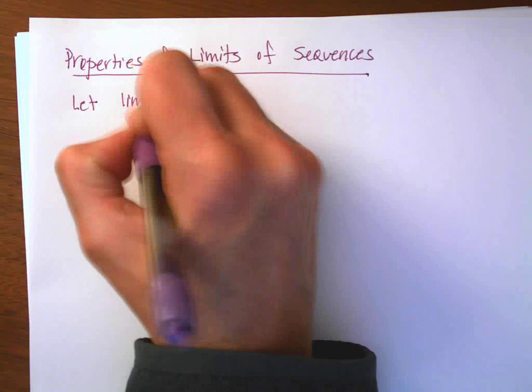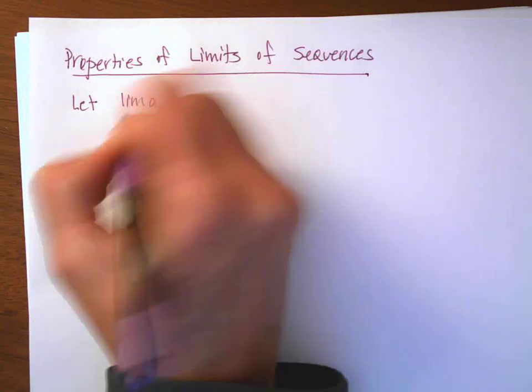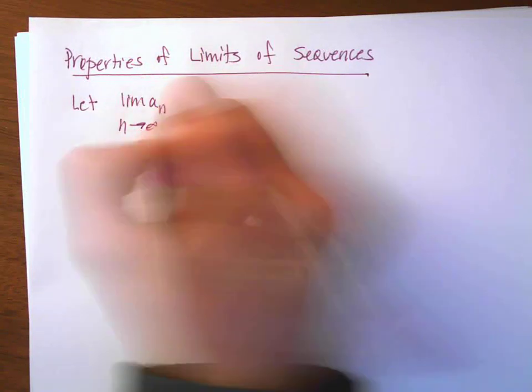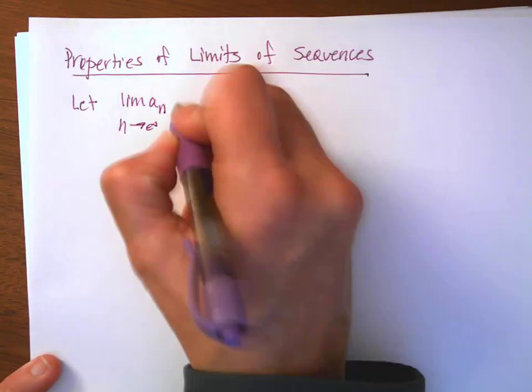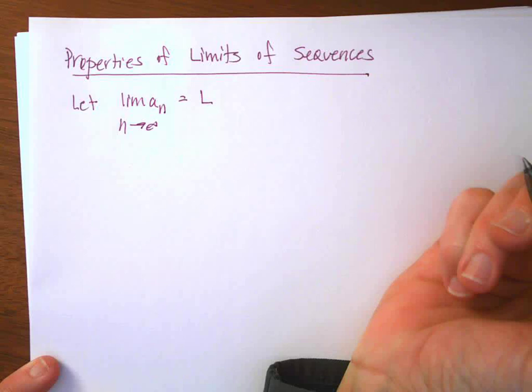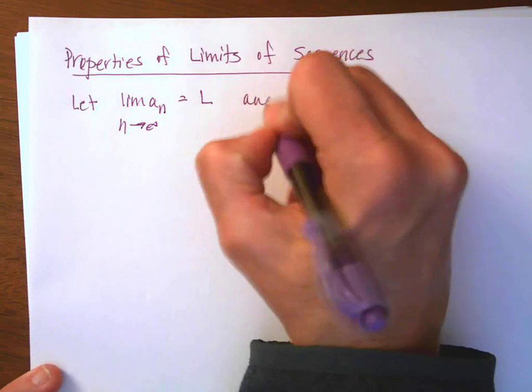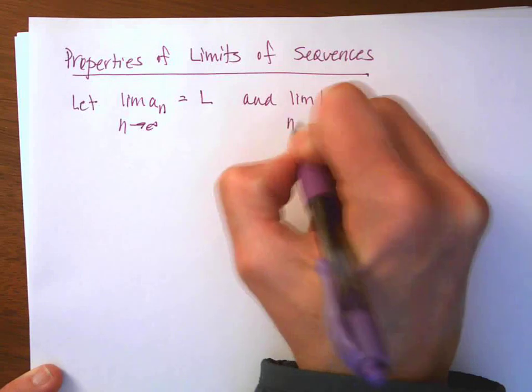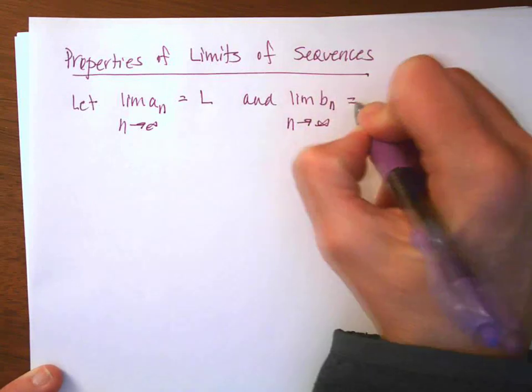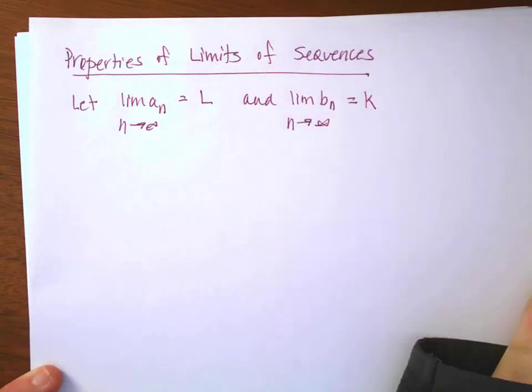We're going to let the limit of the first sequence as n approaches infinity, which would mean the infinite terms of the sequence, be L, and the limit of a second sequence as n approaches infinity is going to be K. So that's our given information.